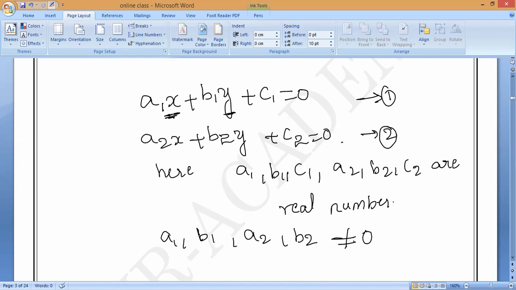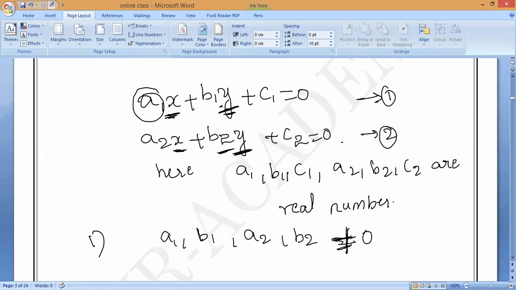What is the coefficient of x in the first equation? a1. In the second equation, the coefficient of x is a2. In the first equation, the coefficient of y is b1, and in the second equation it is b2. Here the coefficients of x and y should never be 0.